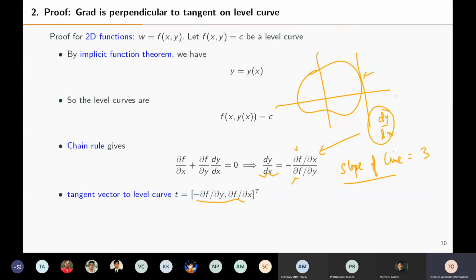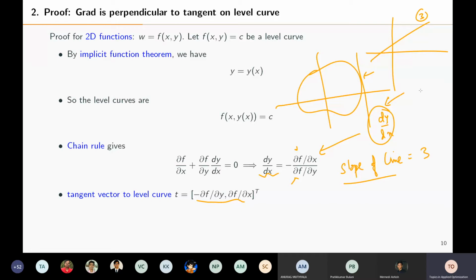What we have found is the slope of the tangent, but I'm asking what is the vector along this line. So the slope of some line is given to me, and someone told me it's 3. From the slope I can make out what could be the vector in this direction.